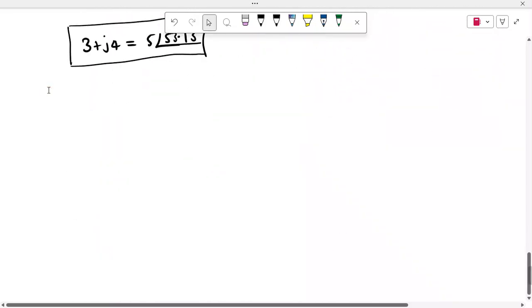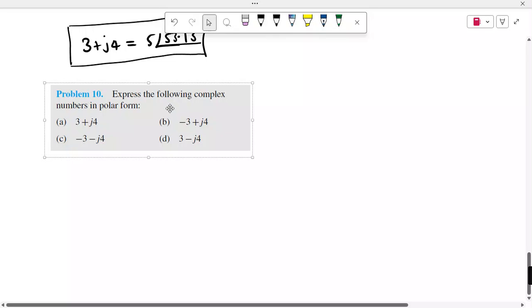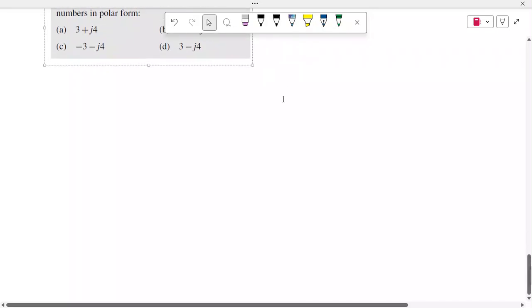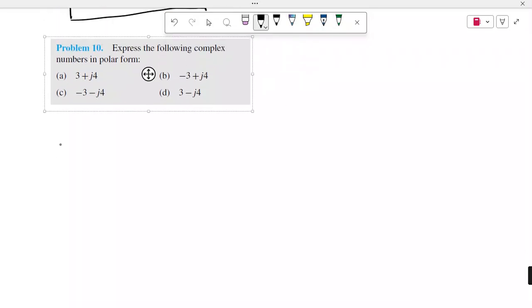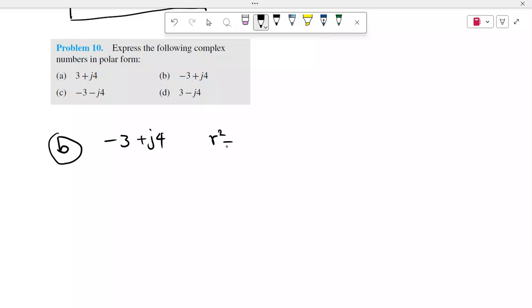So even without plotting, now you know what is really happening here. So you have B, negative 3 + j4. Okay? So you know r, we can quickly get r squared, you just square each number here.